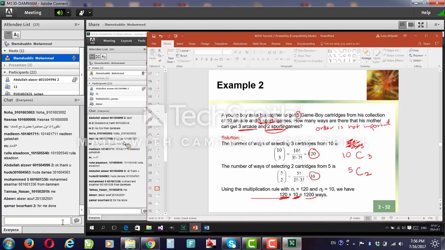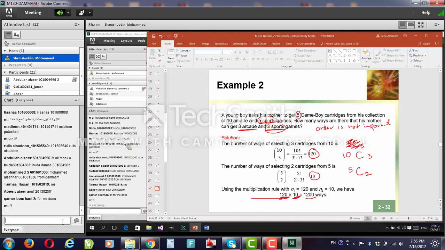Mu'tasim, also from Dammam. This letter M, who is this letter M? Write me your name. How can I know? Madeline. I got your attendance. Nuha, I got you.